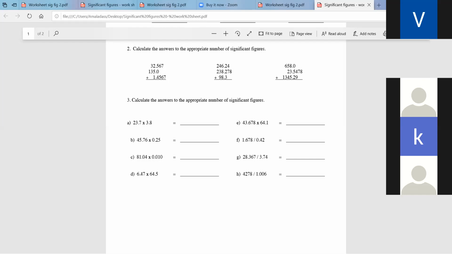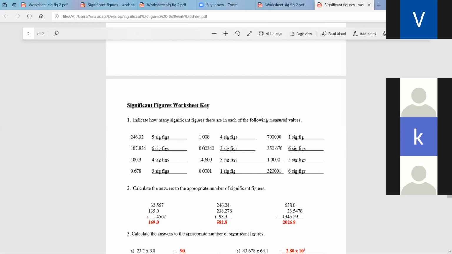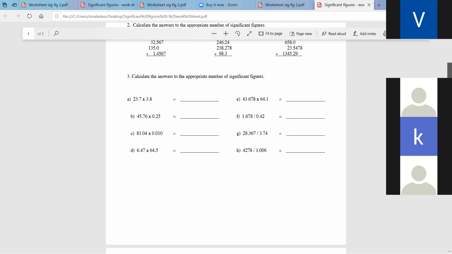Look at the answer: 90 with a dot, 90. It should be represented as 90 point, or you can represent it as 90 with a dot. It should be considered as 2 significant figures. Okay?